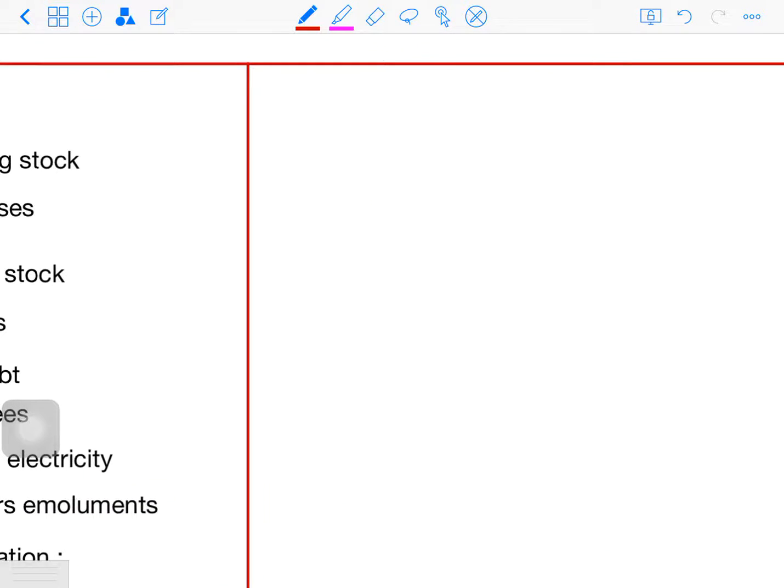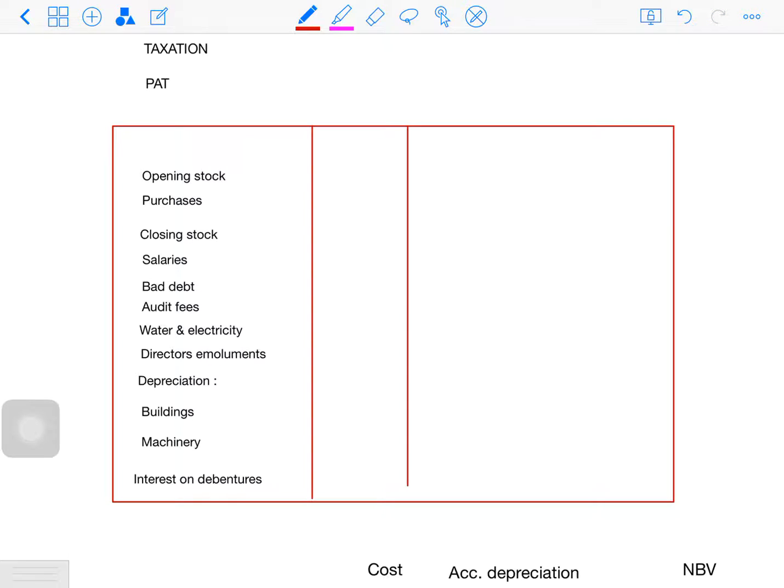The first one would be cost of sales, then admin expense, selling and distribution expense, and finance expense.